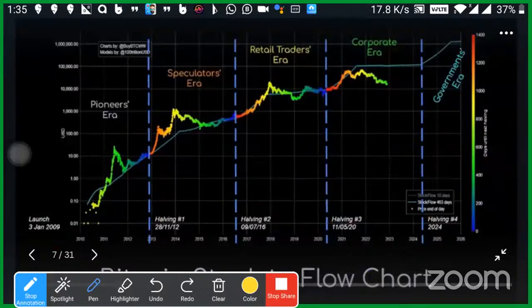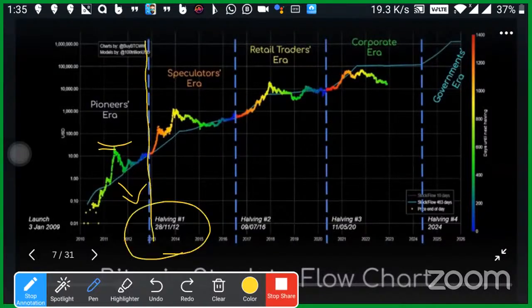But after that, when it touched the first all-time high, the prices began to fall down to a lower limit, right? Then a historical event happened. If you see this line, this is called Bitcoin halving number 1.